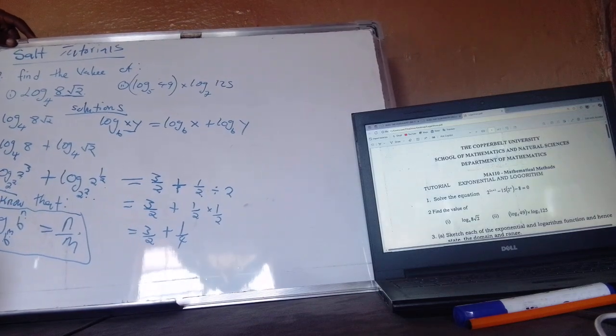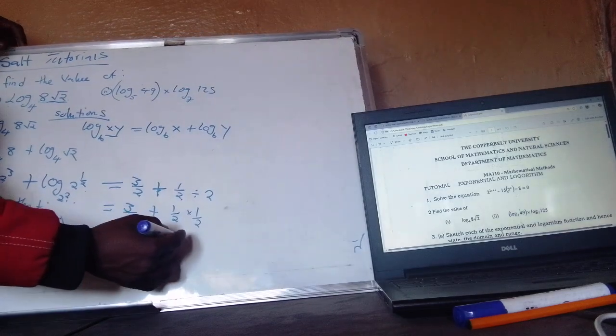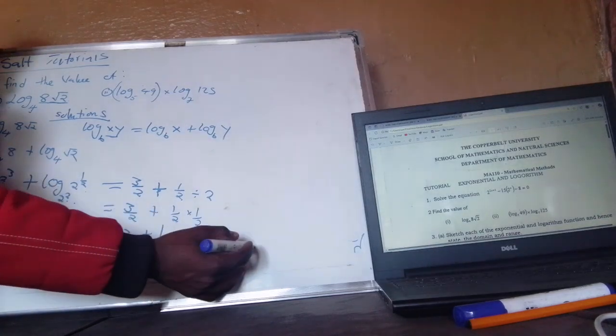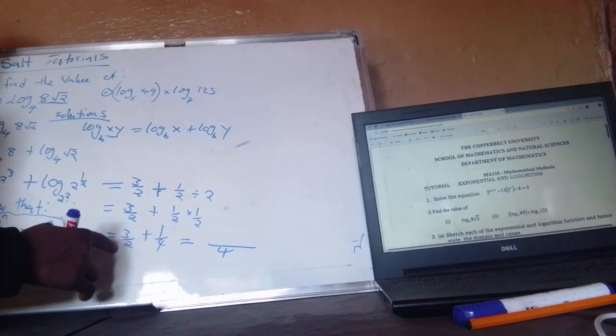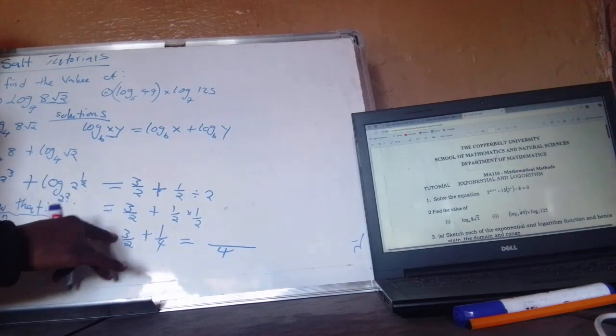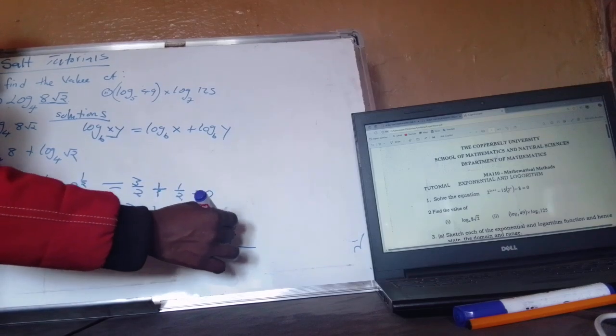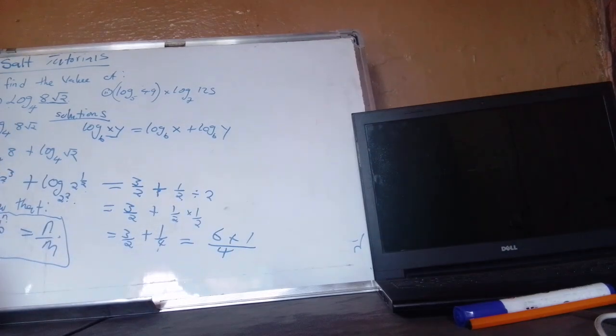We are okay? So by the end, what am I going to have? 3 over 2 plus 1 over 4. This is just equivalent to what? Lowest common denominator, it's 4. 2 into 4 is 2, 2 times 3 is 6. 4 into 4 is 1, 1 times 1 is 1.